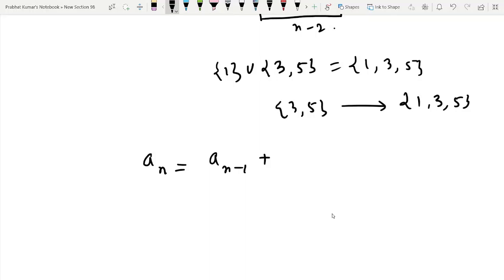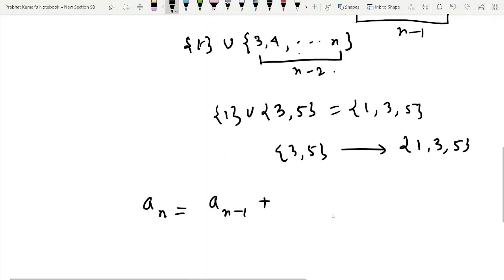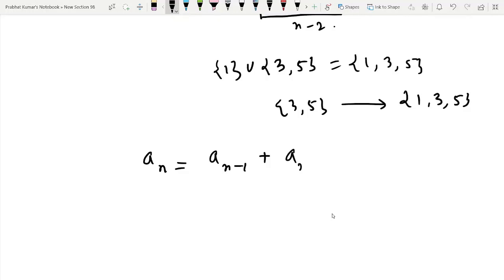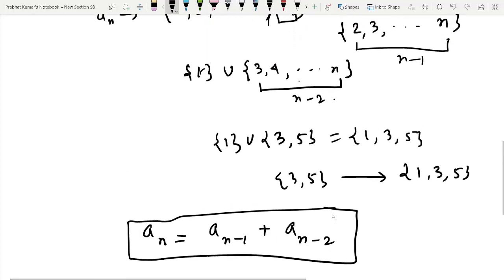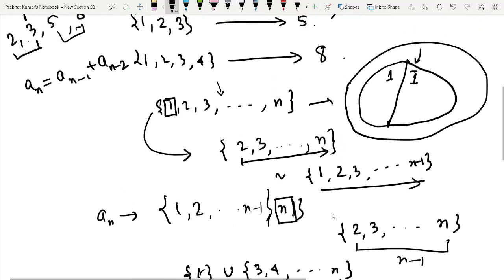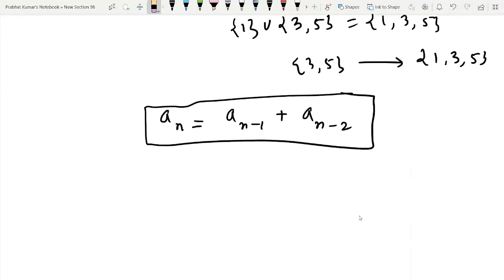So these are a n minus 2 in number, because it is similar to considering the numbers from 3 to n, which are n minus 2 in number. So it is basically a n minus 2. So we get this Fibonacci relation here: a n is a n minus 1 plus a n minus 2. So this was our initial intuition, which we have proved formally. This relation will always give you the Fibonacci numbers.